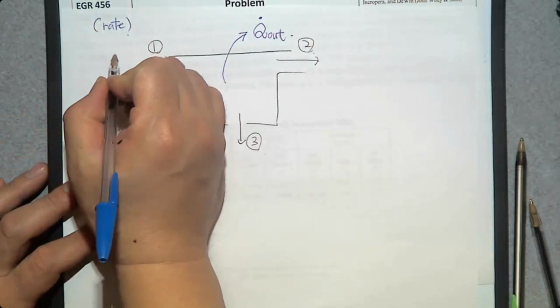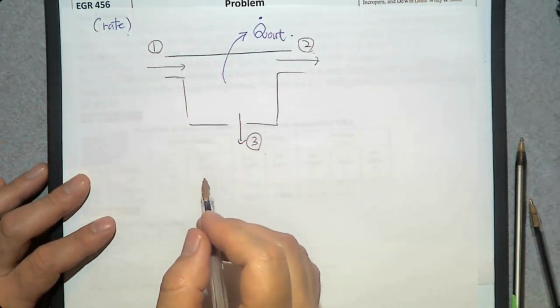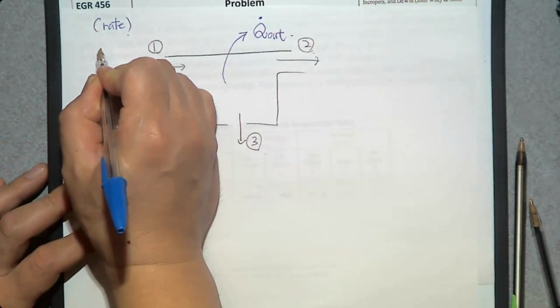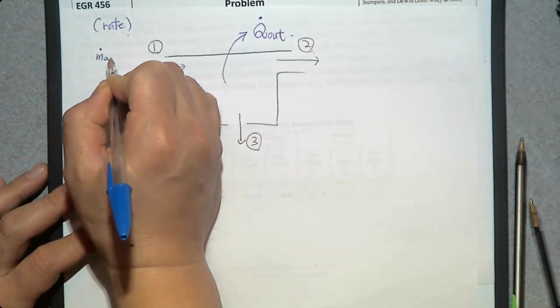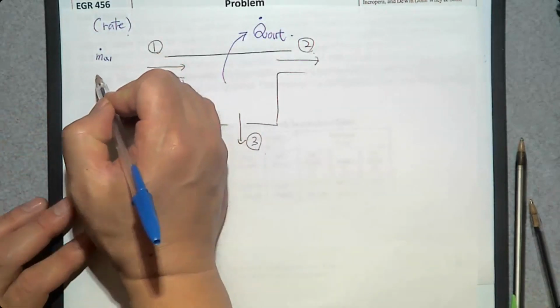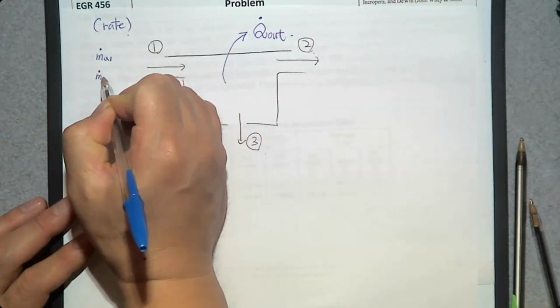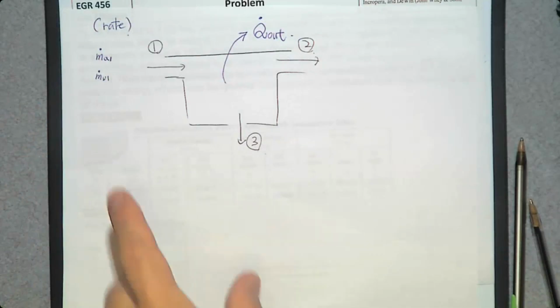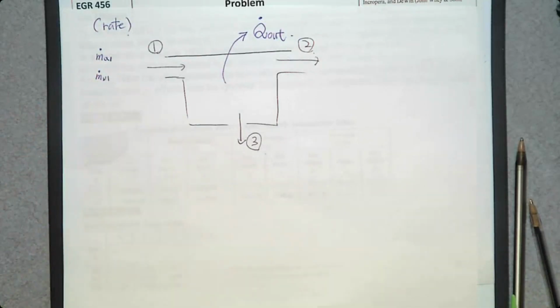So we have m dot of dry air at the inlet number 1, and we have the mass flow rate of water vapor, m dot of water vapor at the inlet number 1, because we have a mixture. We have moist air entering the chamber at number 1. This moist air is a mixture of dry air and water vapor.